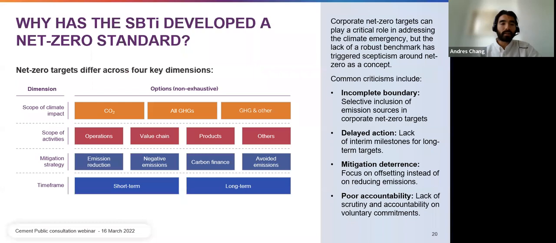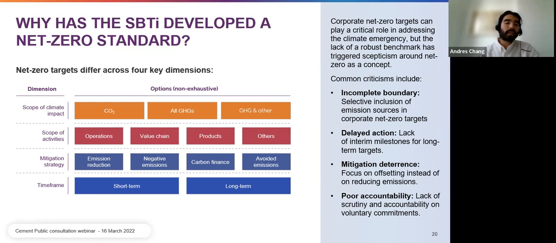As I briefly mentioned in the last slide, one of the reasons that we moved forward with this net zero standard was to improve the quality and consistency of net zero targets. When we first started looking at net zero targets a couple years ago, it was really hard to understand the quality of those targets. Some of them were not as rigorous as maybe they should have been.